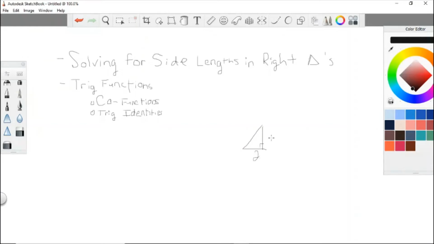This is different from the other examples because for the other examples we were solving for the leg. Now we're solving for the hypotenuse. So we would put this in the Pythagorean theorem. A squared plus b squared equals c squared. So this is 4 plus 64 equals c squared.